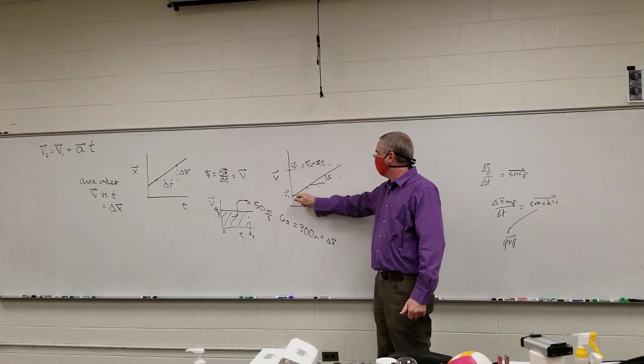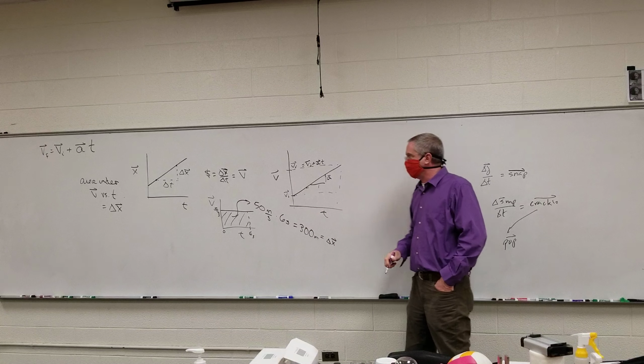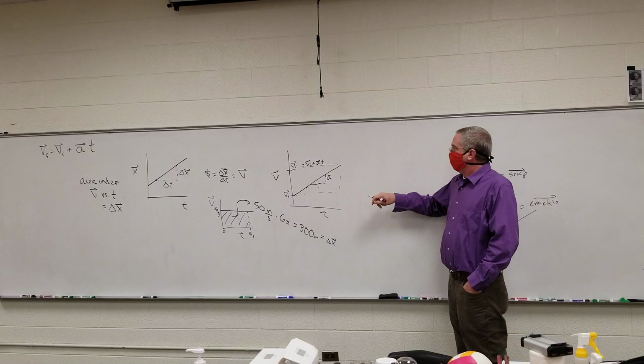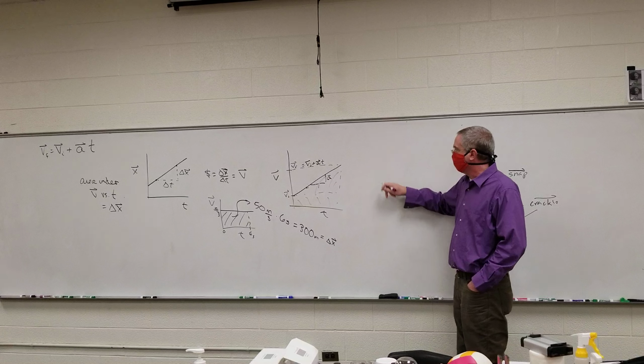So my area here, I basically have a trapezoid. I have the parallel sides here, and non-parallel sides over there. I'm going to find the area by finding this rectangle here, and then finding the area of the triangle.